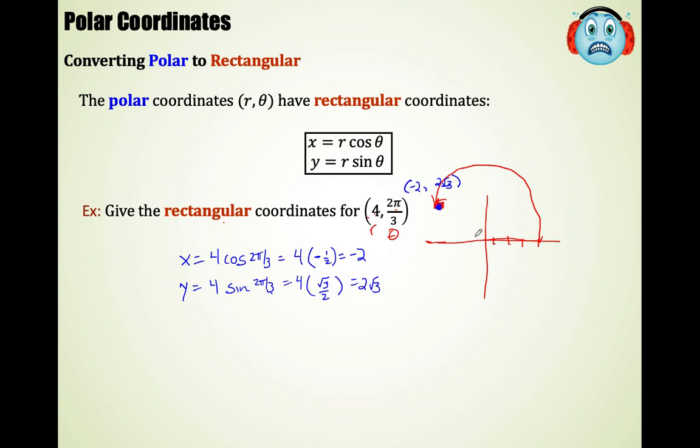In rectangular form, over an x, up a y is a right triangle, right? Where the distance you traveled here was 2. The distance you traveled here was 2 root 3. Gee, I wonder what this distance is. Come on in, Pythagoras. Gee, how can I find that hypotenuse?